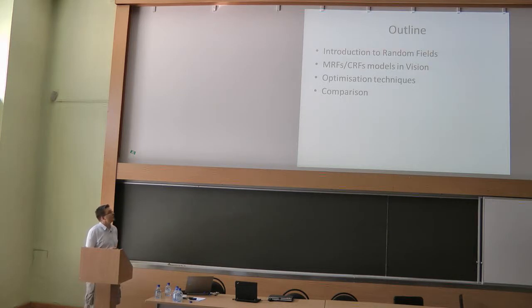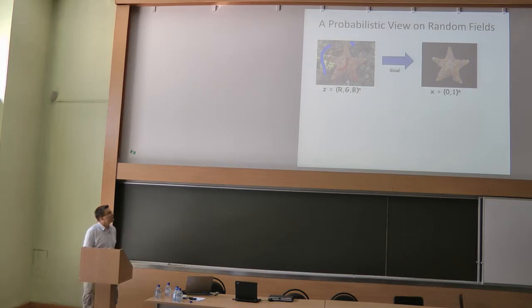Okay, introduction to random fields. Throughout the talk I will use the following notation. Z is an image, so it's RGB, 3 color channels, n pixels. In this case, I don't know, 64 by 48 could be the size here. The user has, for instance, given scribbles here: blue is for background, and red is for foreground.